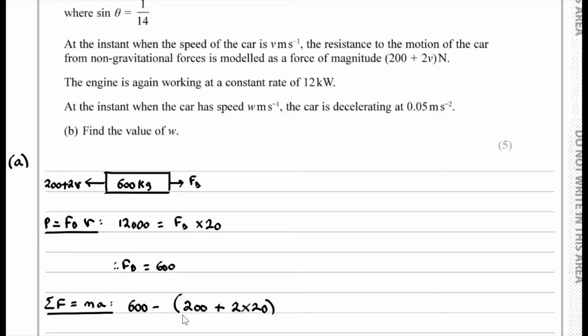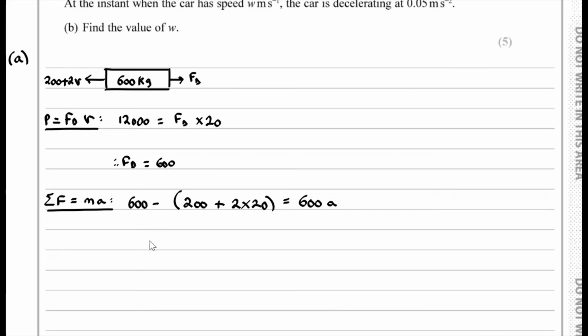Remember, over here v is equal to 20, and this is equal to the mass 600 multiplied by the acceleration a. 600a is therefore equal to 360, and therefore you'd find a to equal 0.6 meters per second squared.